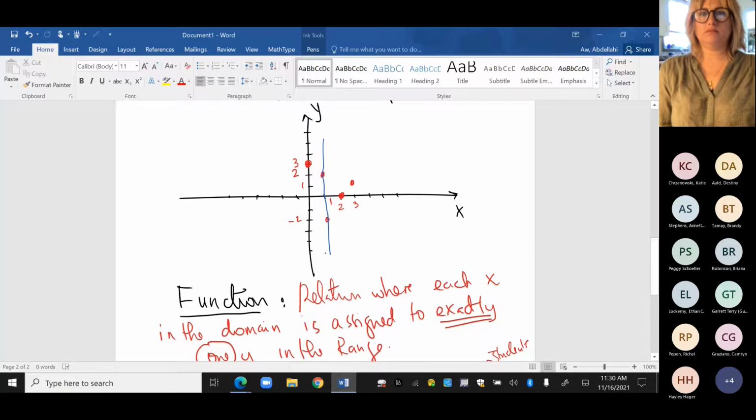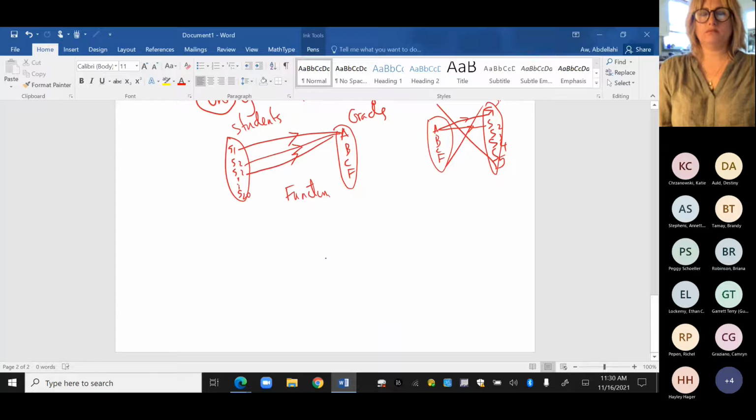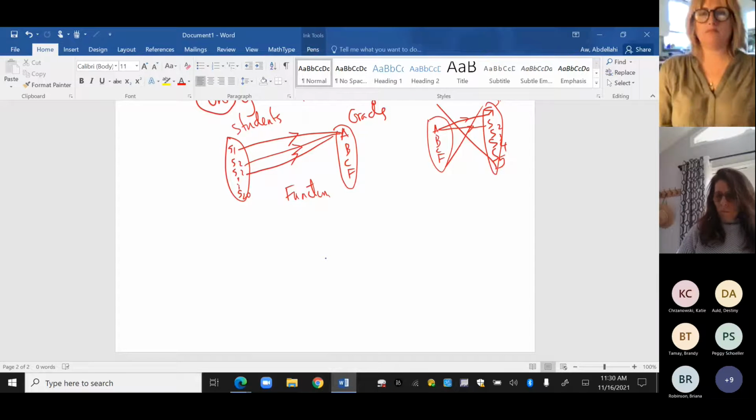If your relation is represented by a graph, to see if this represents a function or not, you just graph it. You just see if there is a vertical line that hits the graph more than one time.